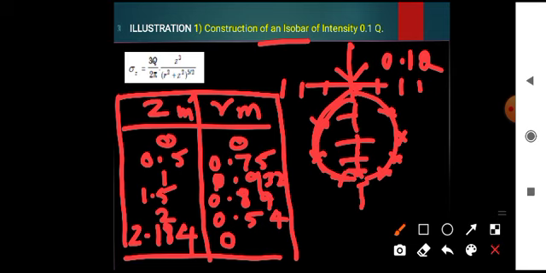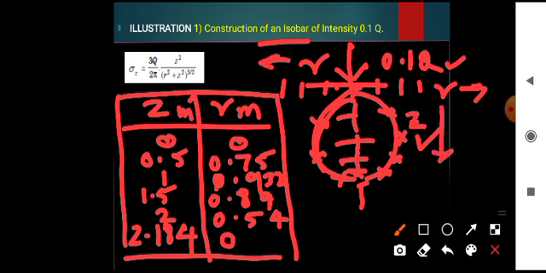On normal graph paper, take this point load of intensity 0.1 q, mark the r values along the horizontal axis and the z values along the vertical axis, and go on marking the different points. At the end you will get a beautiful isobar. This is an exercise for you to practice at home and bring along with the assignment in the next session.